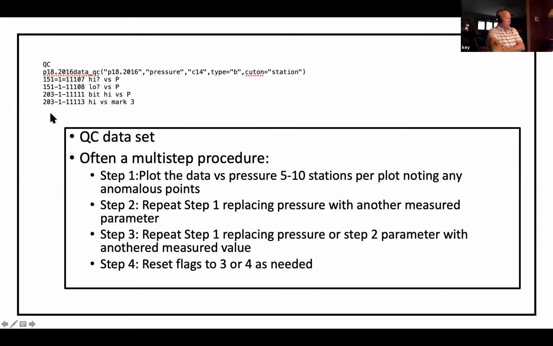One sample was significantly off, and when I put a note like Mark 3, that's my note that says I changed the flag on that one. But at any rate, I will run this sort of code 2 or 3 times, changing the parameter that I'm plotting against. So for C14, good plotting parameters are silicate and alkalinity, if you happen to have those two.